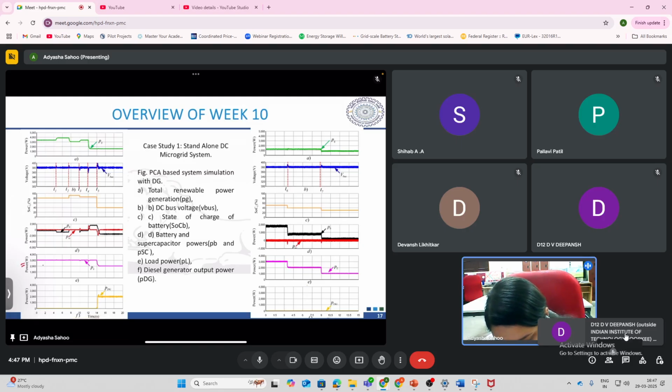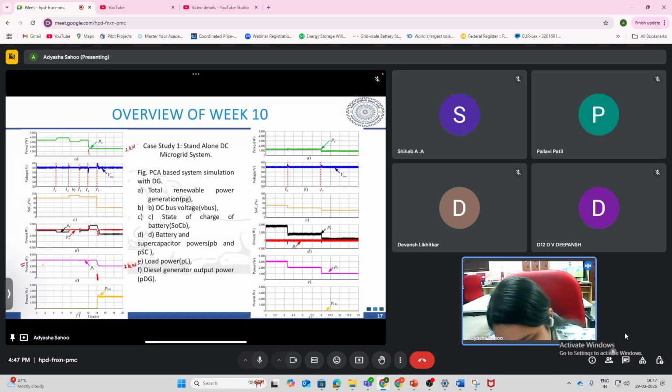It is at 3 kilowatt, but at this instant the load is dropping from 3 kilowatt to 2 kilowatt. Basically, this is in watts. And in that case, your grid power is also coming down to somewhat below 2 kilowatt.